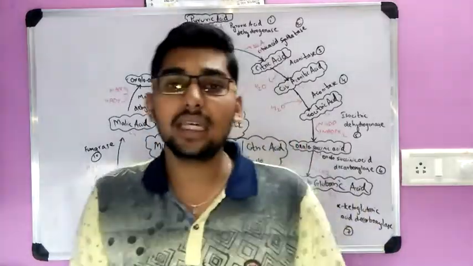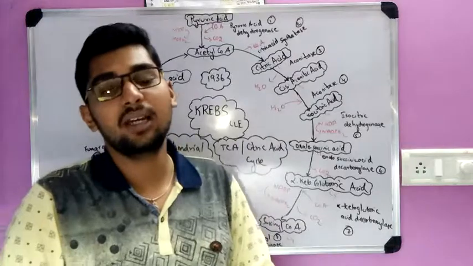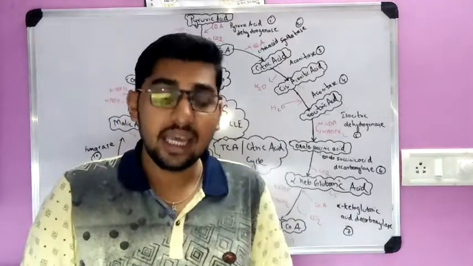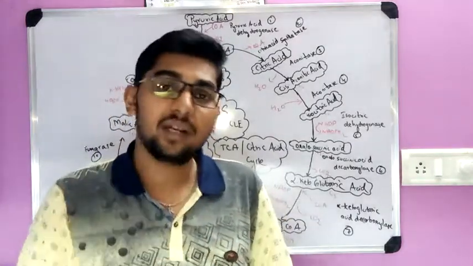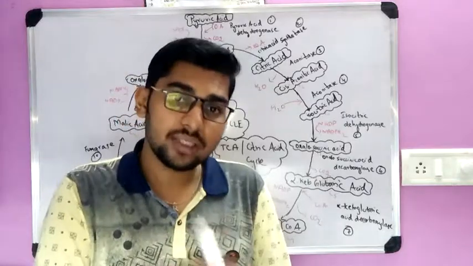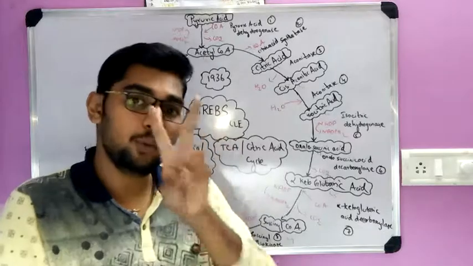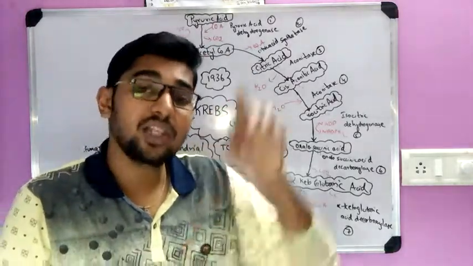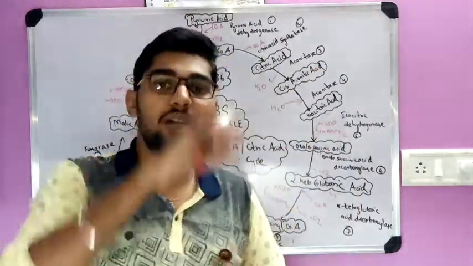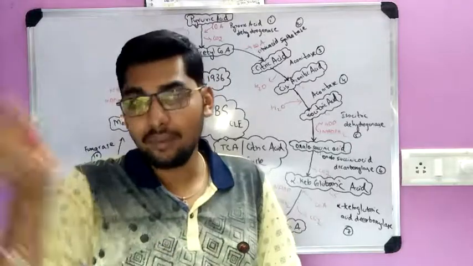So acetyl coenzyme A is the raw material, or the starting product, without which the Krebs cycle won't occur. The source of acetyl coenzyme A for starting the Krebs cycle is obtained by 2 methods: oxidative decarboxylation of pyruvic acid, which is the end product of glycolysis, or beta oxidation.